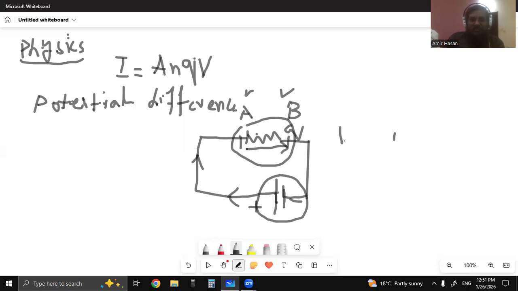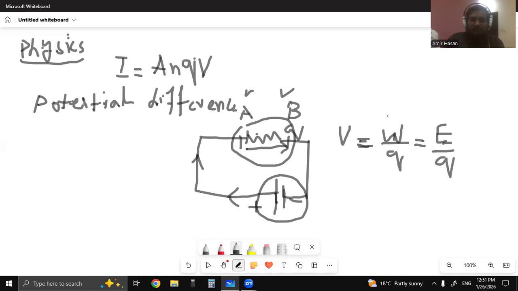When energy is transferred between two positions in a circuit, just like here from A to B, on a charge, this is known as potential difference. This energy may be called work done, or energy, and the charge is Q. So energy transfer per charge between two positions in a circuit is defined as the potential difference.